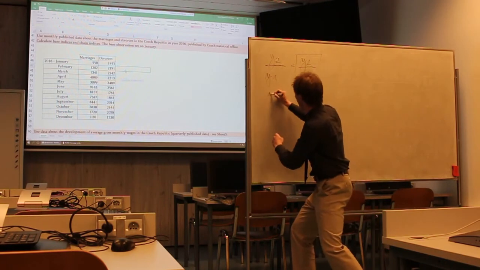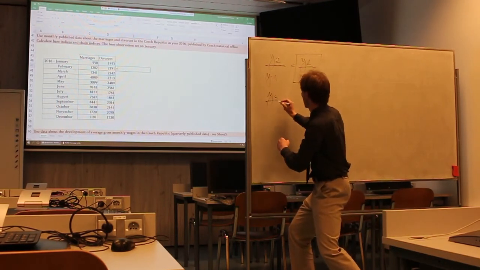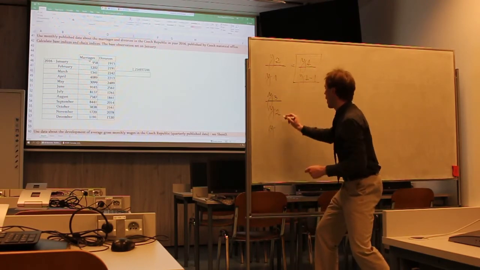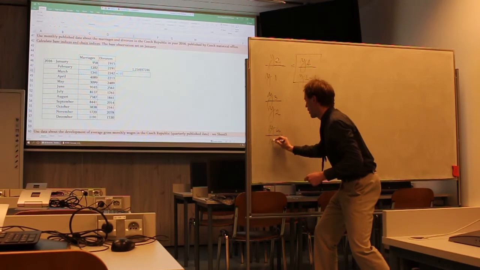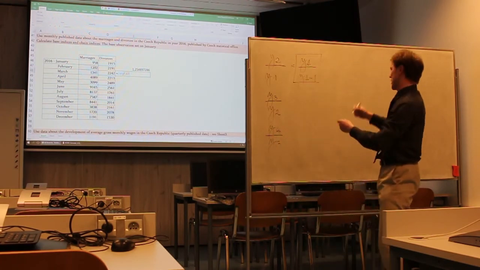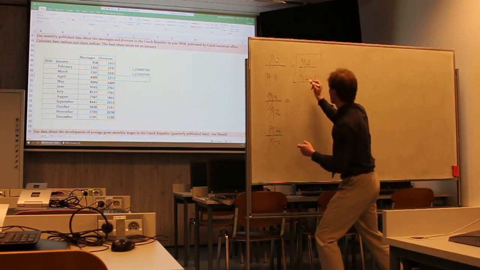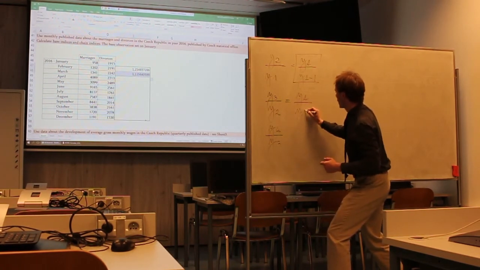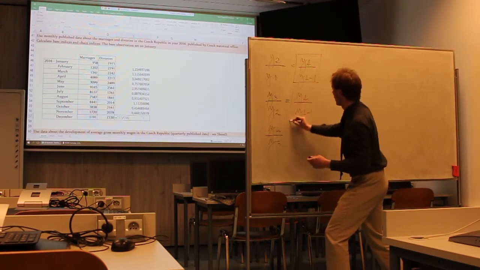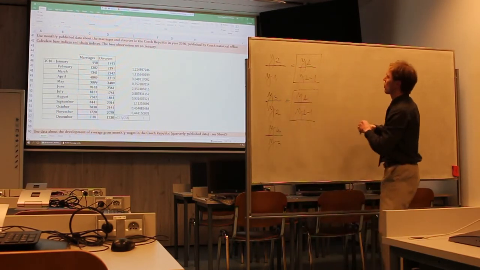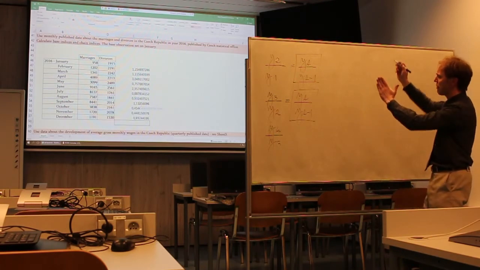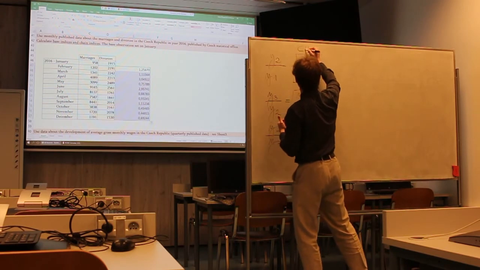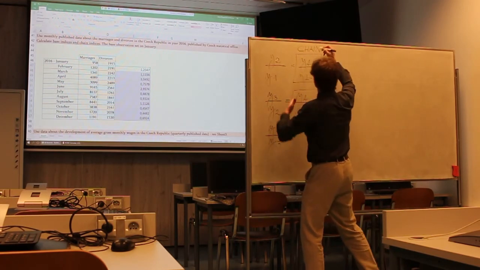So we continue: y in time 3 divided by y in time 2, and y in time 4 divided by y in time 3, and still this is y in time t divided by y in time t minus 1, and we can continue. So there we have the chain indices.